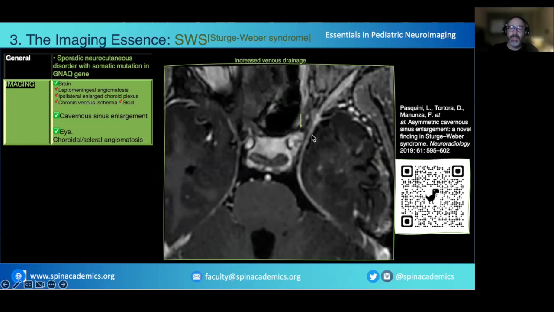At the same place, at the same site of the leptomeningeal angiomatosis, you will find an asymmetry of the cavernous sinus, much bigger than the opposite.